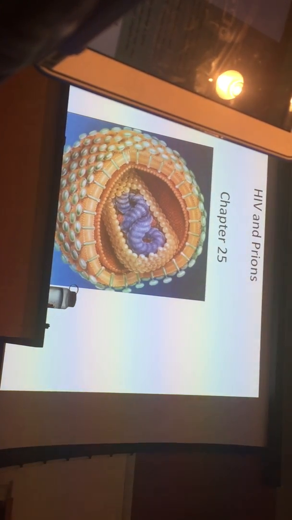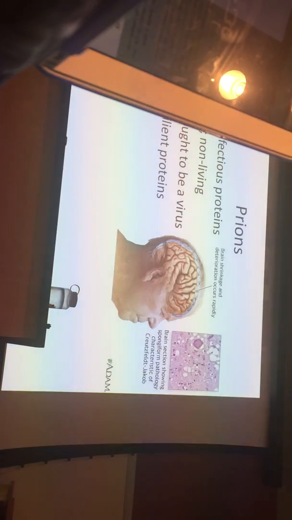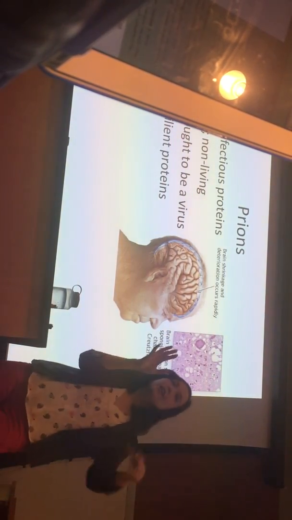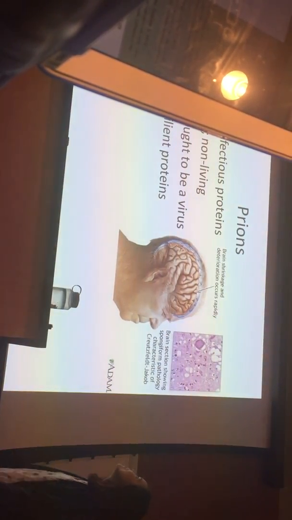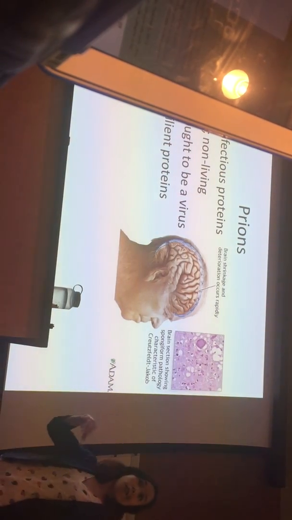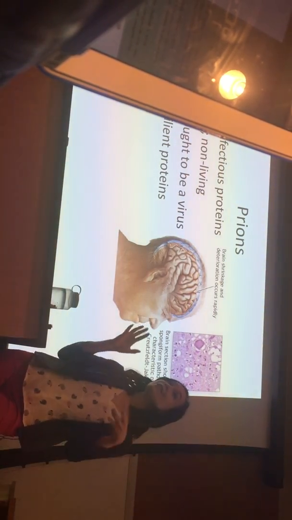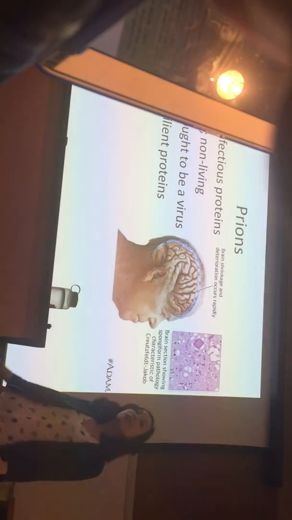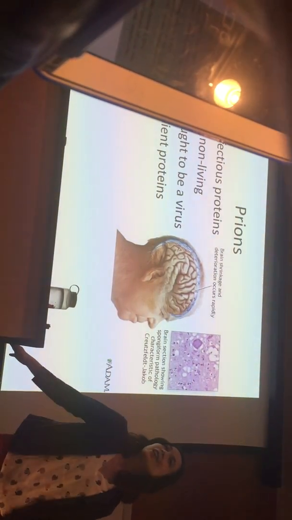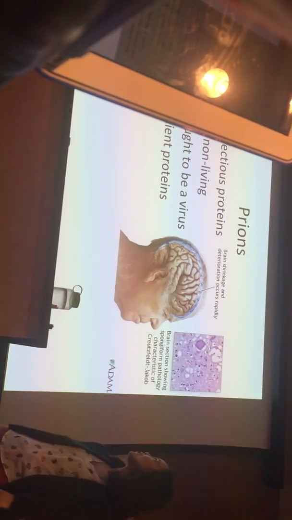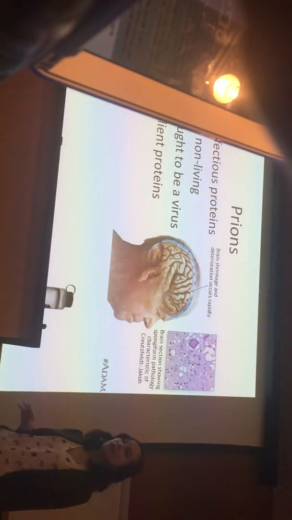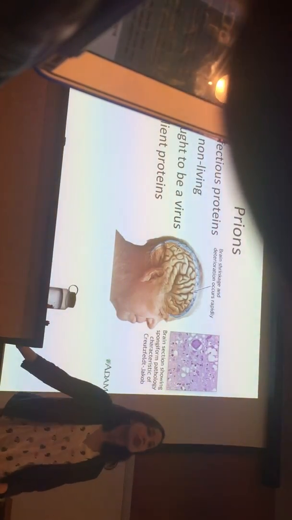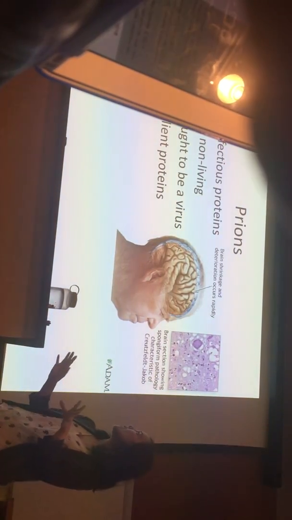But we are going to mention a little bit about those prions again, because prions get included in the discussion for micro because they are very small infectious material. They're not alive and they're not cells. But what makes prions very different is the fact that they're non-living, but they're also not viruses. So they're just strictly made of protein.